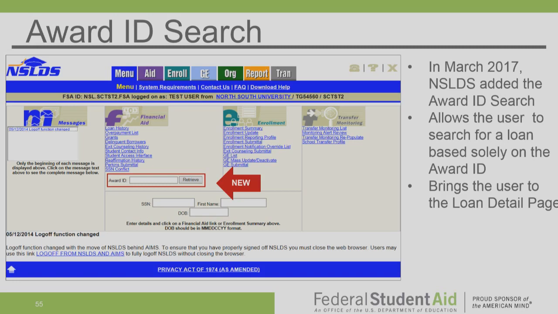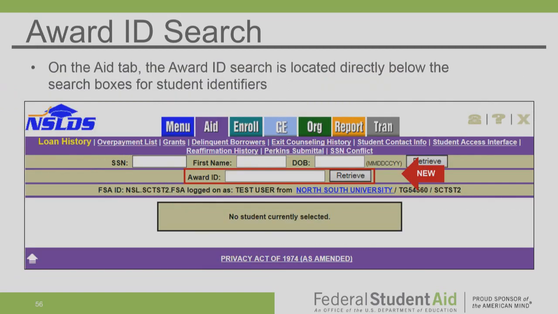Every direct loan has an award ID that's made through the COD origination and disbursement process, so I'm pretty sure that most of you know what those award IDs are somewhere within your systems. So you do have the option of putting that award ID in directly on the main menu page, and it'll bring you right into the loan history.